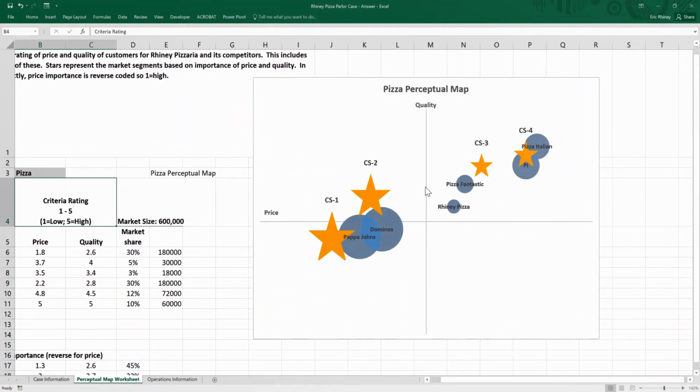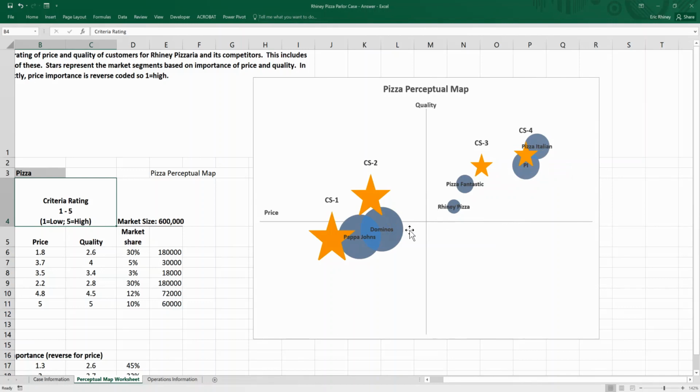So we can come over to the perceptual map, and we see the illustration of this data on this map. The size of the stars represents the size of each one of the customer segments, and the location on the map, of course, is the relative price and quality importance. We see here that this 4th customer segment is up here where the price is not important, but quality is high compared to customer segment 3 and so forth.